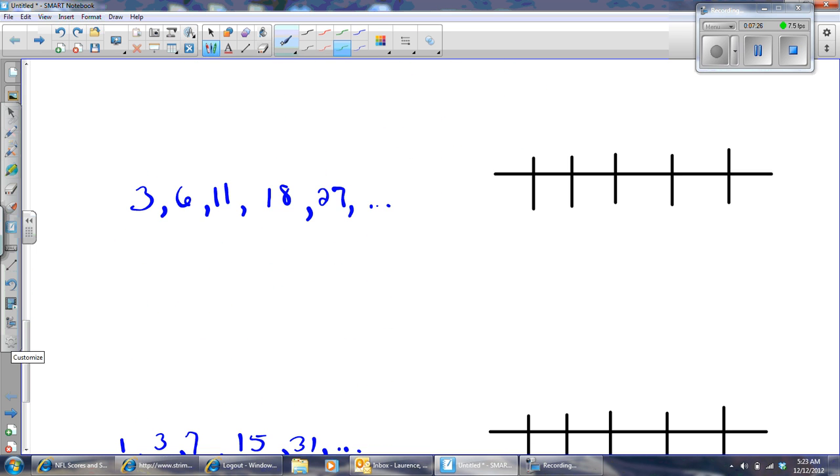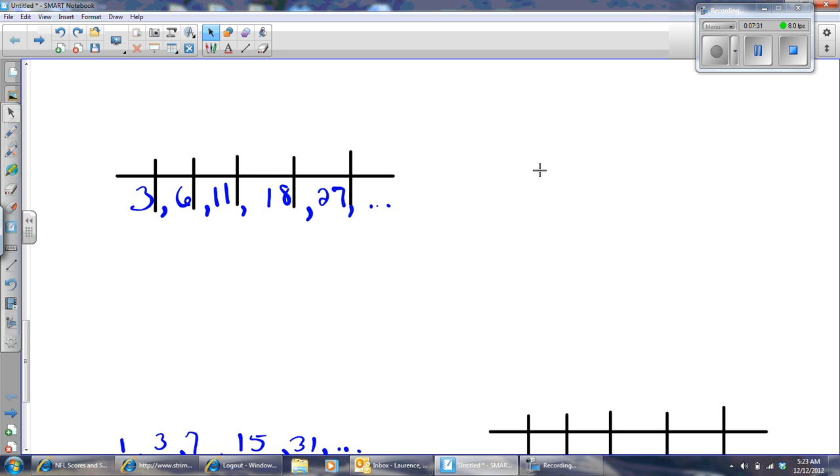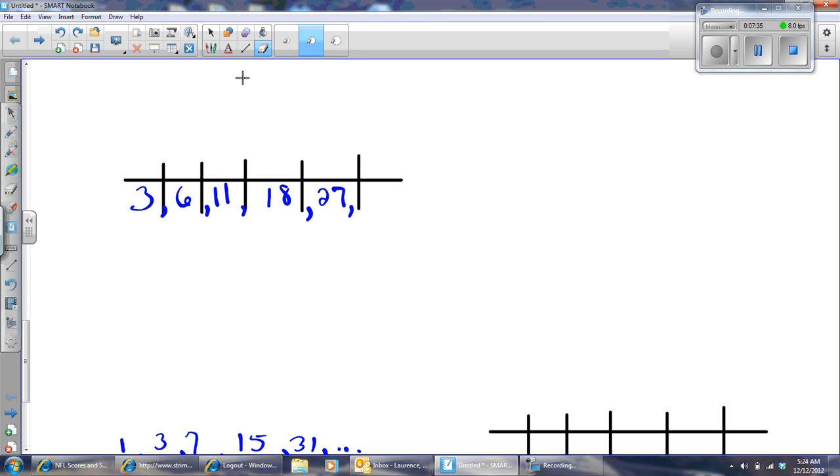All right, here's another example. Bring my pre-made table over. Gonna erase that and gonna put 1, 2, 3, 4, 5, and n.